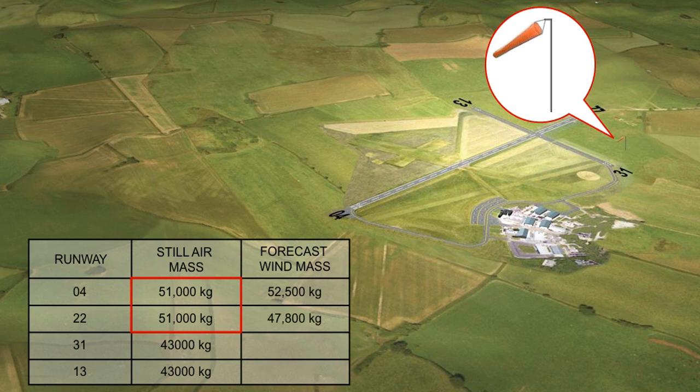However, runway 22 has a tailwind, which will decrease the maximum landing mass to 47,800 kilograms. Runway 31 and runway 13 both have a full crosswind. Therefore, the maximum landing mass for these two runways will be the same as for still air. If the second dispatch assumption is that the aeroplane will land on the runway most likely to be assigned considering the probable wind speed and direction, then it would have to be runway 04 with a maximum landing mass of 52,500 kilograms.